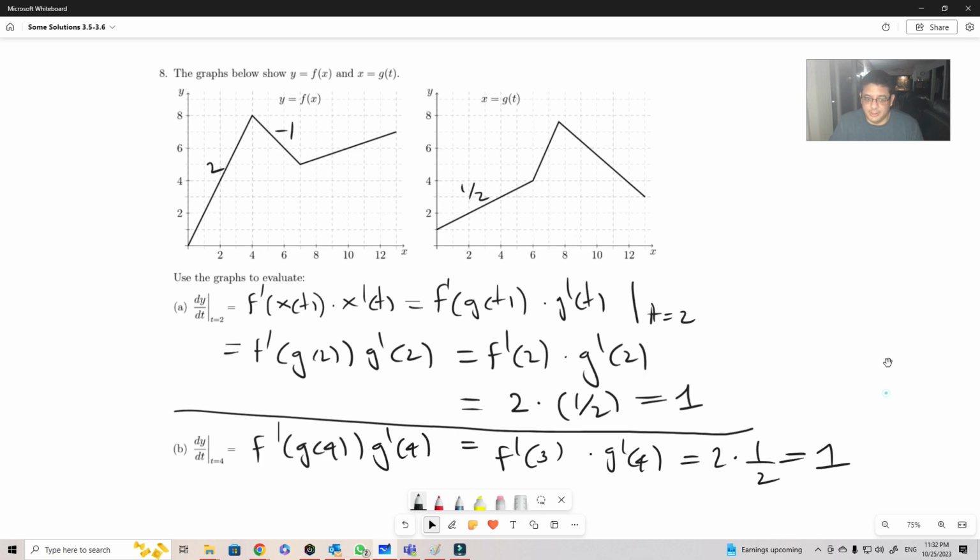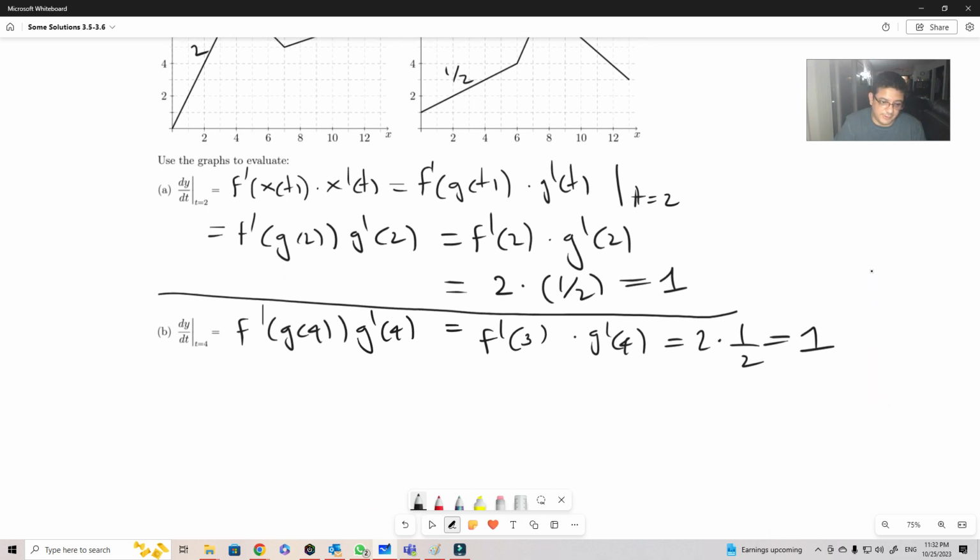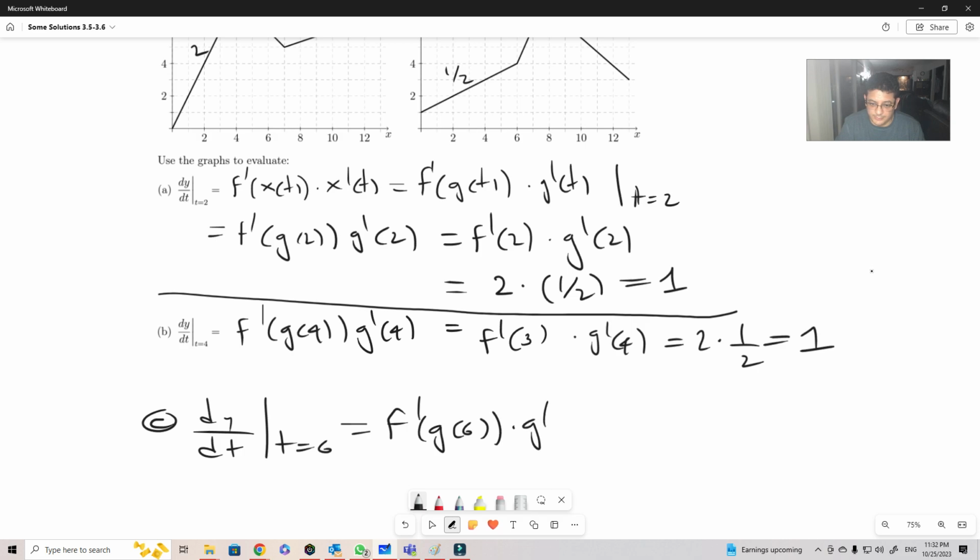Notice that if we extend this analysis to a third one, we do dy dt at t equals 6, then we get f prime of g of 6 times g prime of 6. But when we do g of 6, we're gonna find out that this is 4 here. So this becomes f prime of 4 times g prime of 6.